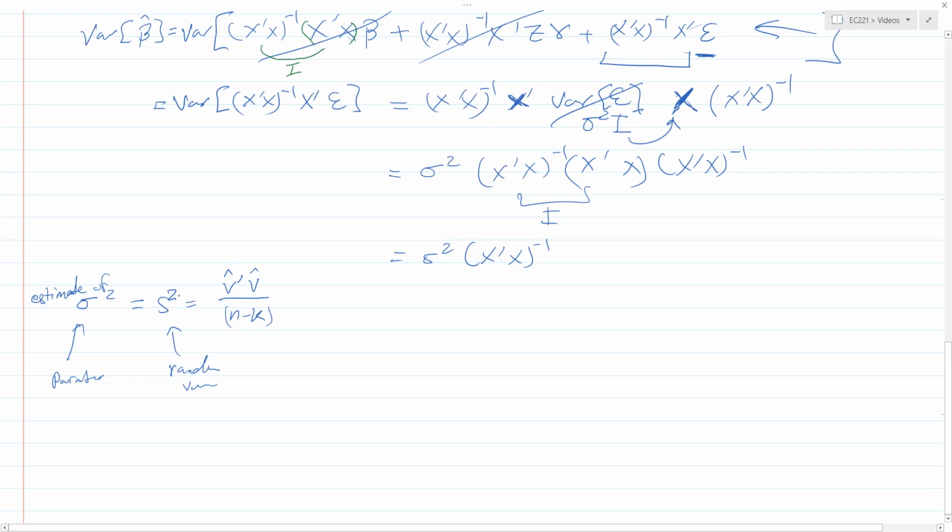There will be bias. Therefore, if we use S squared instead of sigma squared, the variance of beta hat, so the precision of beta hat, is going to be less, because our estimation of sigma squared was wrong, was biased.